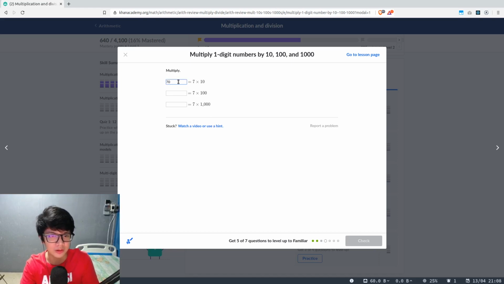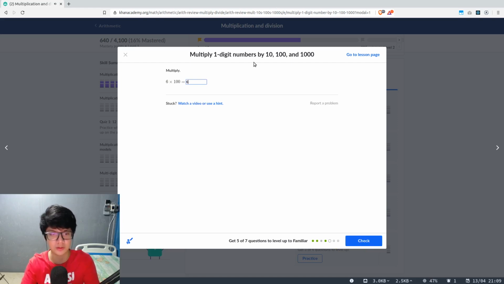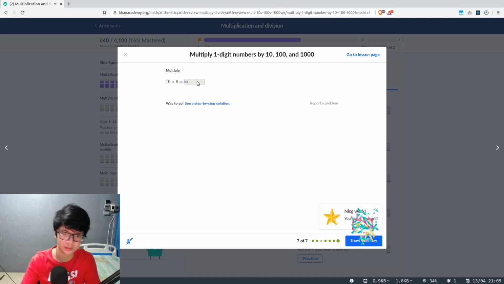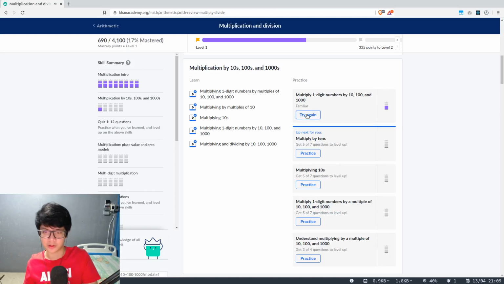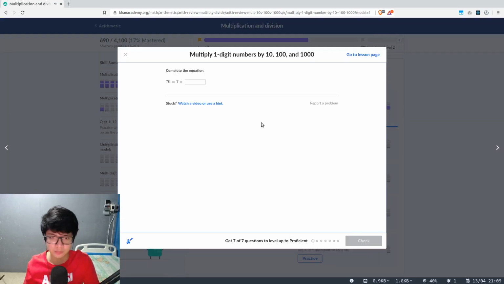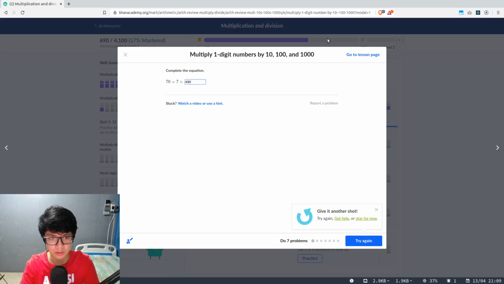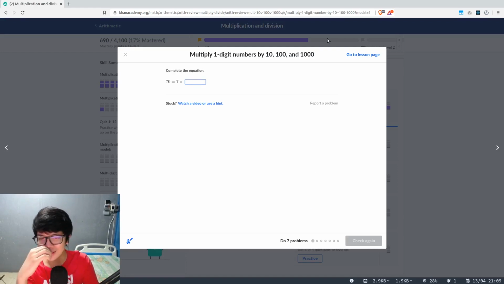So 70 equals 10. Man, this shifting of the equality symbol thing. See? It's confusing. See, now it's on. Okay, maybe it's part of practice or something. Okay, so we're gonna retake that. Oh my gosh!